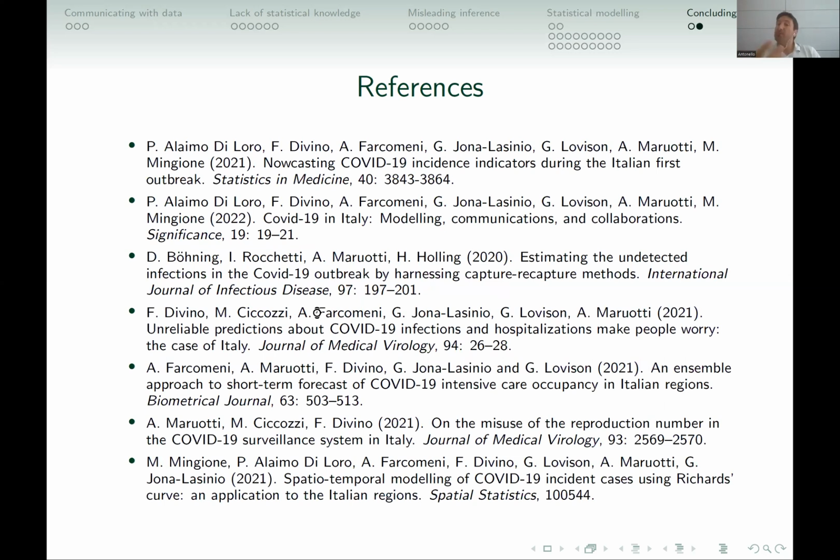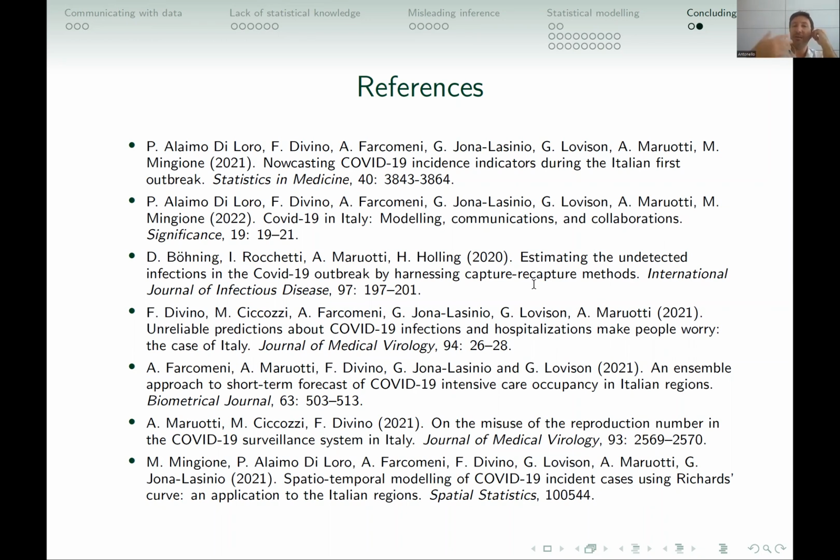If you're interested in what we are doing, the papers we have published in the last couple of years go from statistical methods to papers about how to communicate the data, to one I didn't mention, the one with Dan Maboning from the University of Southampton, where we estimated what we call the dark number.